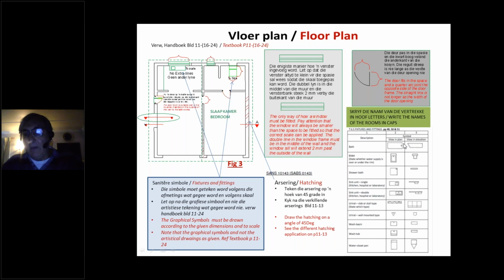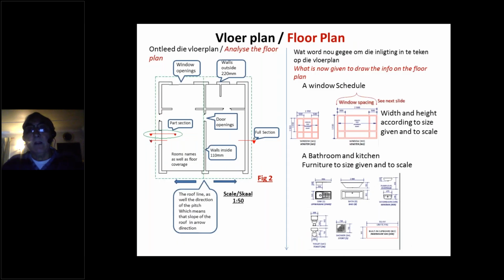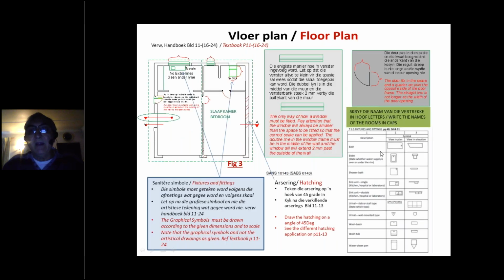If that bath is 2 meters long and about 800 millimeters wide, then that drawing will be 2 meters by 800 millimeters, according to the scale of this drawing. And that's the only way. No extra drawings within that will be added. Look at the toilet. If you see there's the VC, WC.